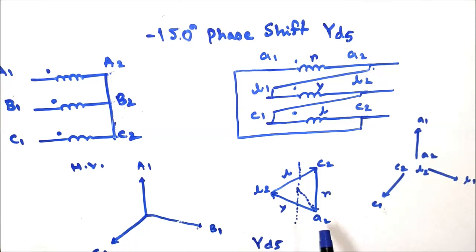That is, the LV side winding induced EMF lags 150 degree with respect to the HV side winding induced EMF, and that is why it is called Yd5.